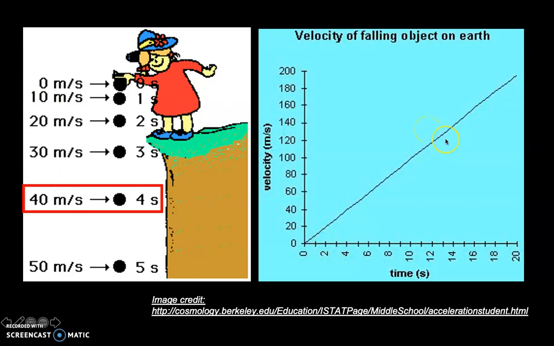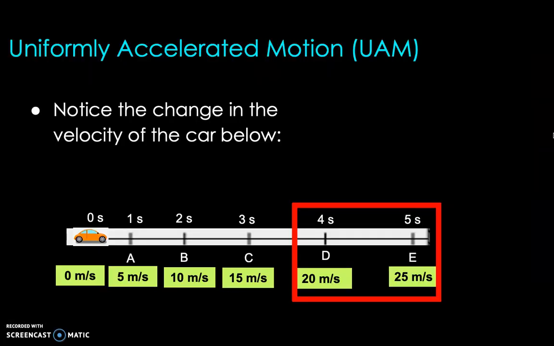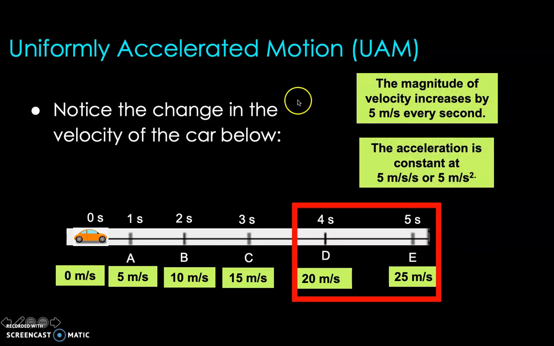And for the graph of an object in free fall, of course, the velocity would be increasing at a definite rate, which is approximately 10 meters per second every second. Okay. Going forward, before we have discussed horizontal UAM, and it's actually just similar to freely falling bodies. So in this case, if you can still remember, this object increases the magnitude of its velocity by 5 meters per second every second.